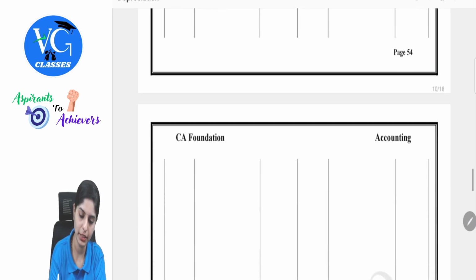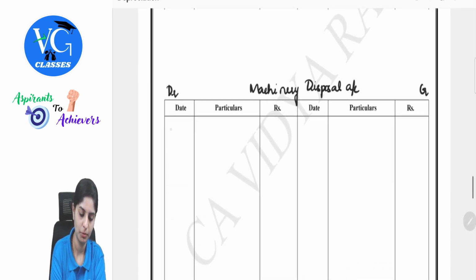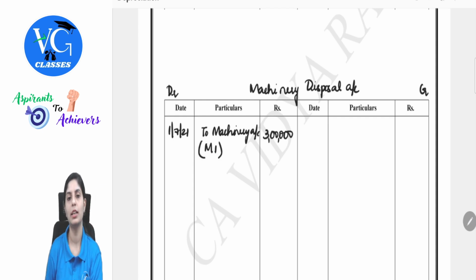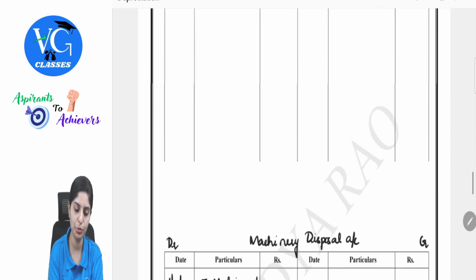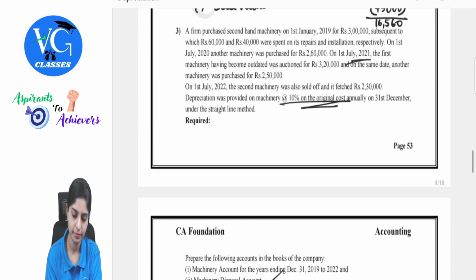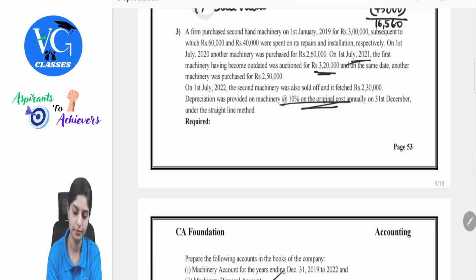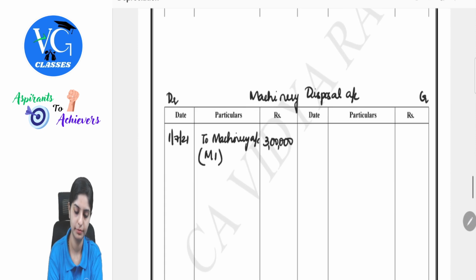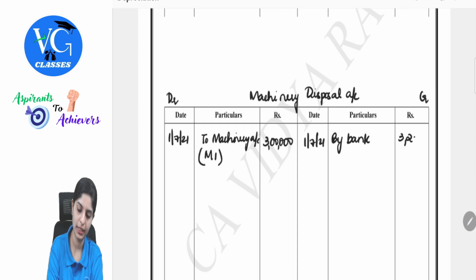Clear? Now coming to machinery disposal, 1st July 21, to machinery account. This is for M1, 3 lakh. Now when I am selling the asset, how much am I able to receive? 3,20,000, by bank, 3,20,000.